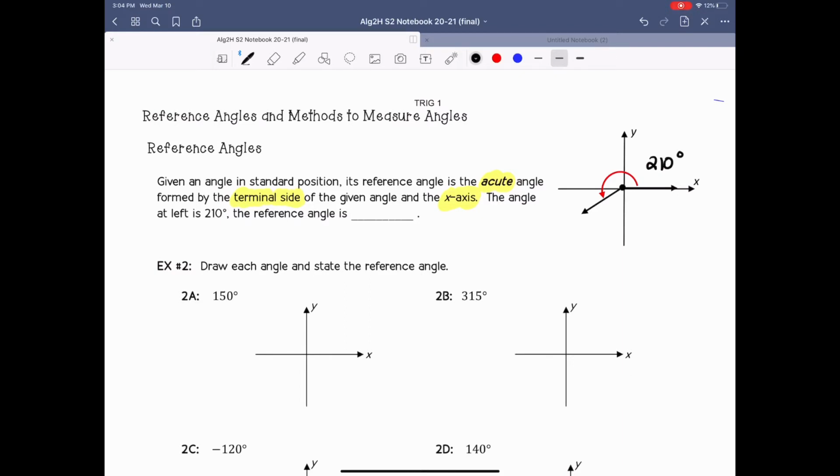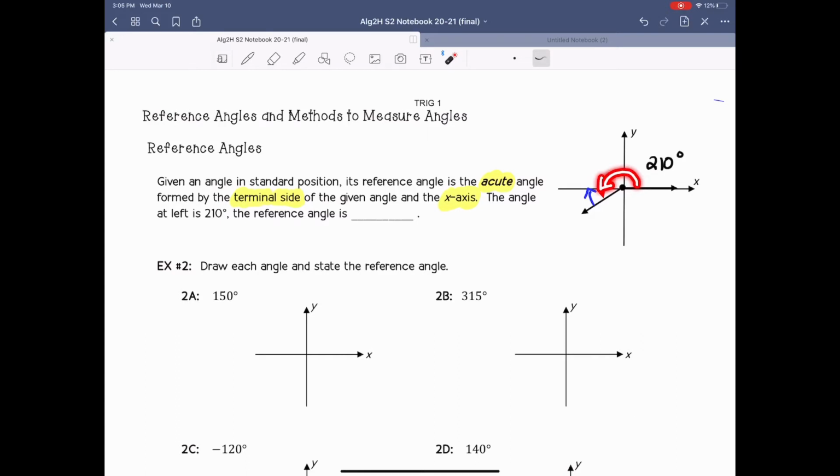Now, again, the reference angle is the acute angle that is formed by the terminal side and the x-axis. So the terminal side of this angle is right here, and the x-axis is right here. This tiny little acute angle is the reference angle. Now, how do we find the measure for the reference angle? Well, in order to find the measure, we're going to have to look at the angles around it that we already know. Like I said previously, if we make a half circle, that measure is 180 degrees.